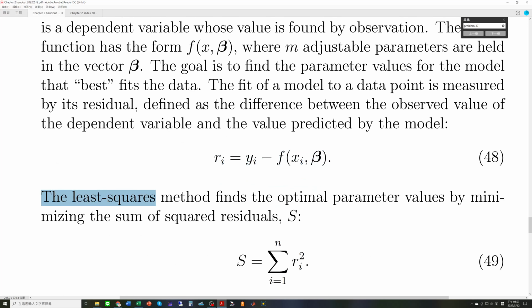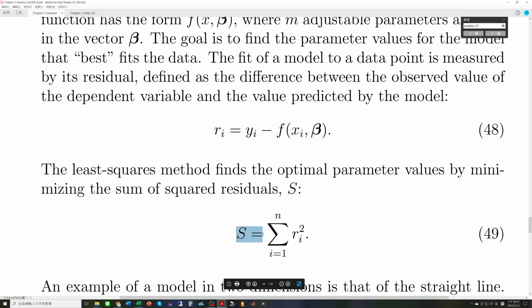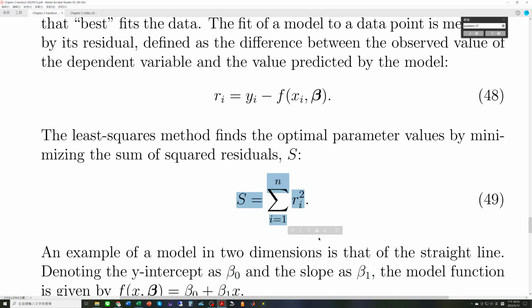The least squares method finds the optimum parameter values by minimizing the sum of squared residuals, S is equal to summation i is equal to 1 to n Ri squared. As it should be boldface, I will fix this problem later.